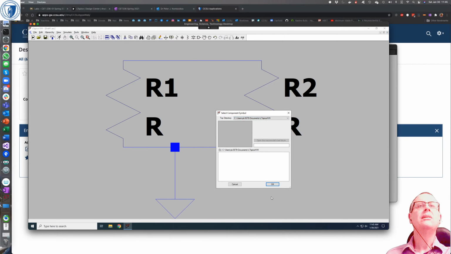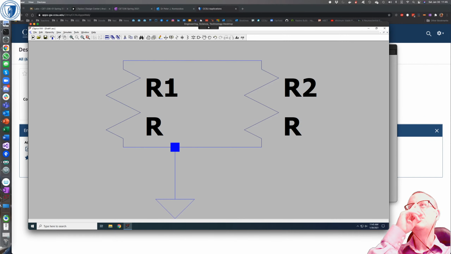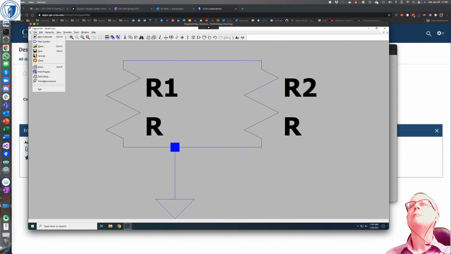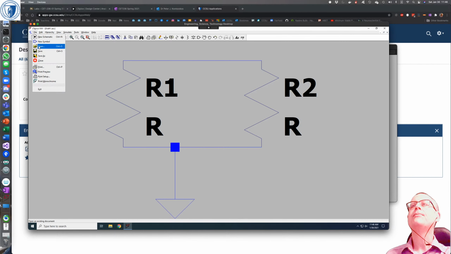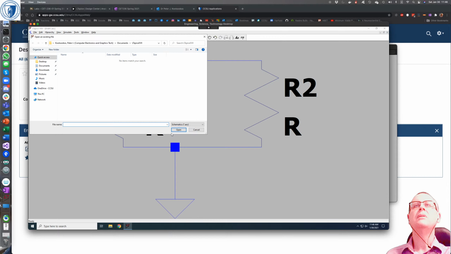Right. Let me see if there's a configuration. Yeah, I can't see a place to set up. Okay, I'm going to take that.